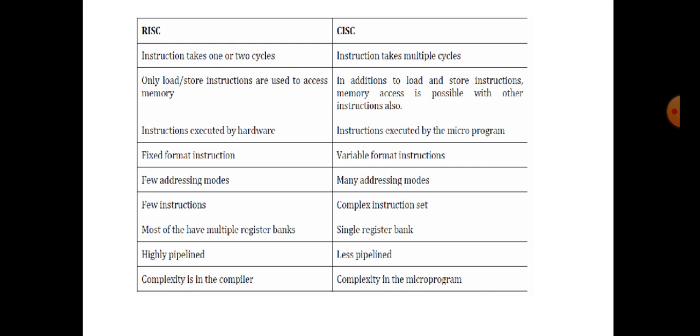So again it has to fetch, decode, and execute, and then go for the next instruction. So if this work has been divided into three stages: fetch, decode, and execute, and all the three stages execute in parallel, means the fetch phase will fetch the instruction, decode will decode it, and the execute stage will execute the instruction.